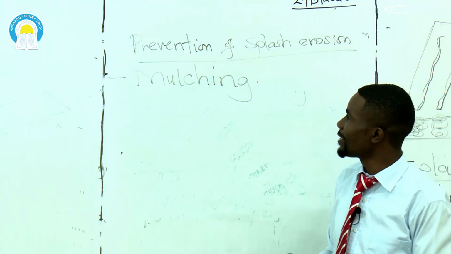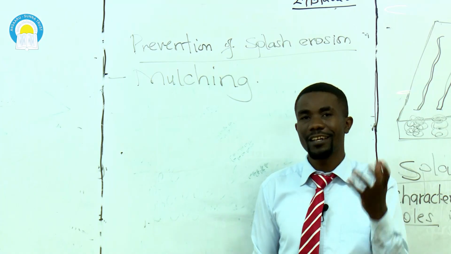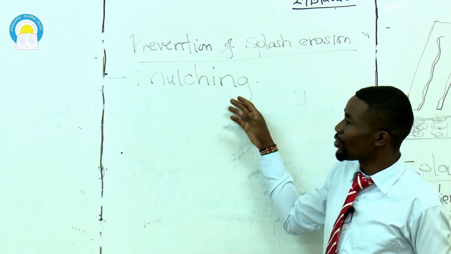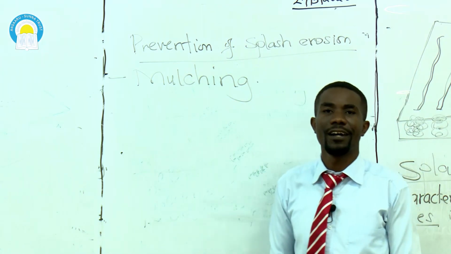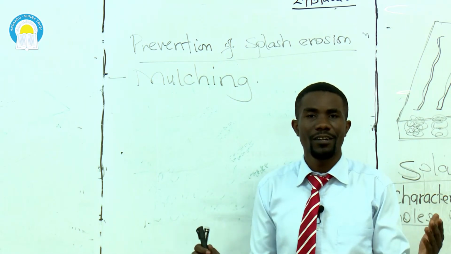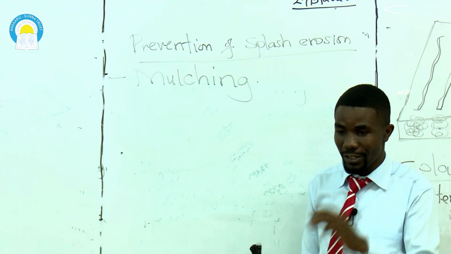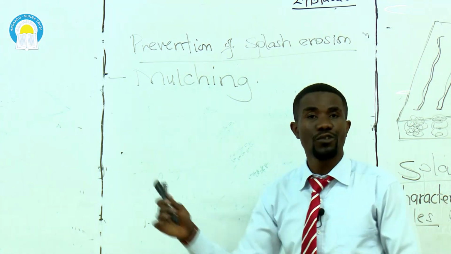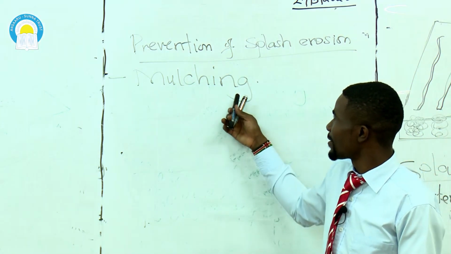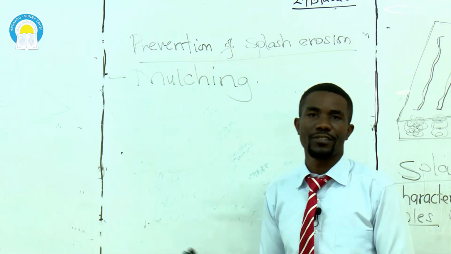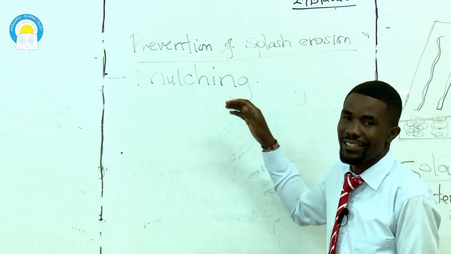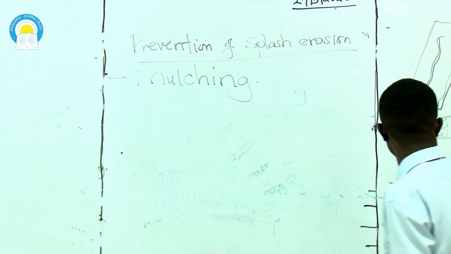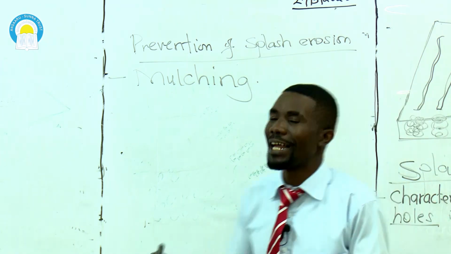There are organic mulches, whereby we use dry grass or tree parts, and inorganic mulches where people use polythene paper. When you go to the greenhouse, you will see people using inorganic mulches. Majorly we encourage you to use organic mulches because they will also decompose and improve the soil fertility. They are the ones which are recommended. So we control splash erosion by mulching.